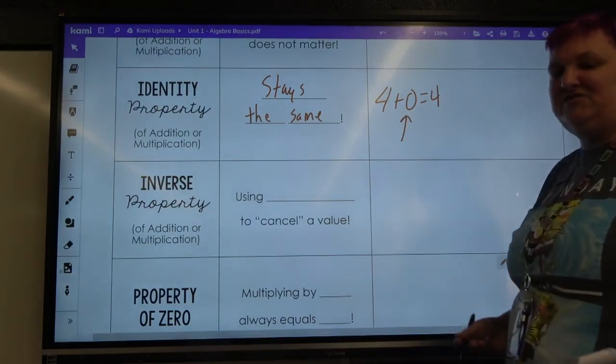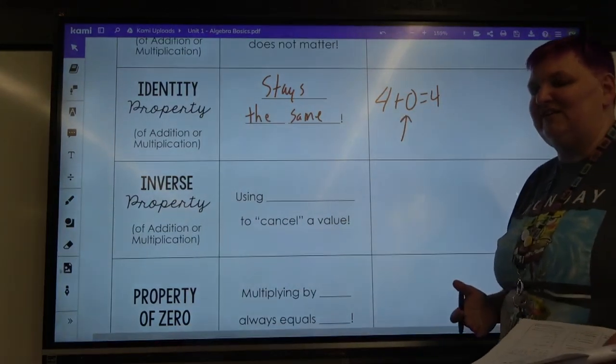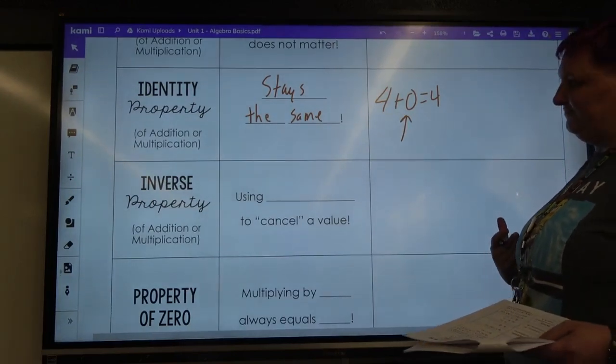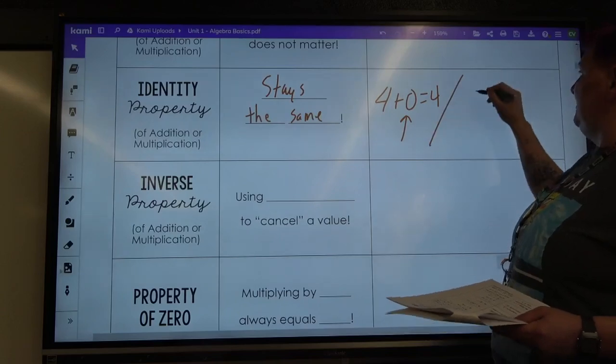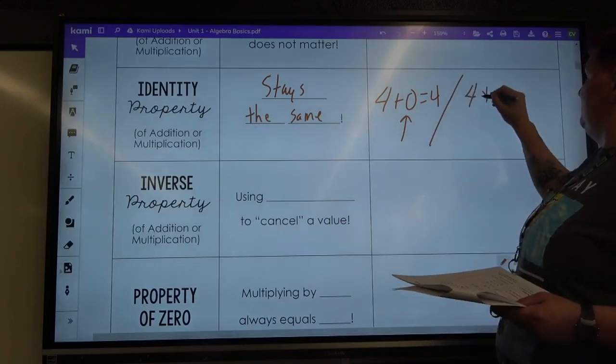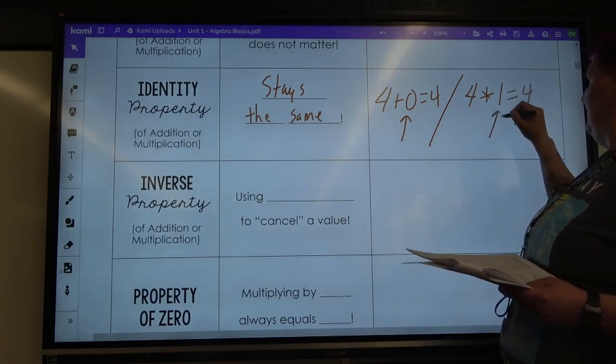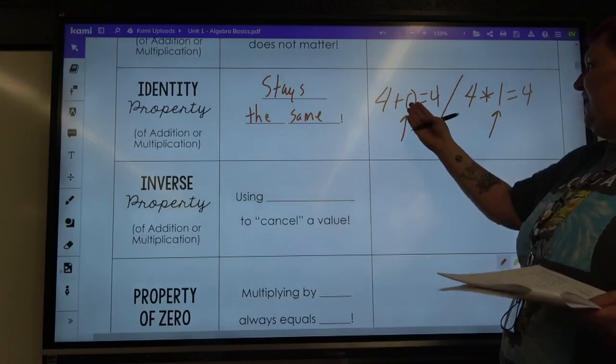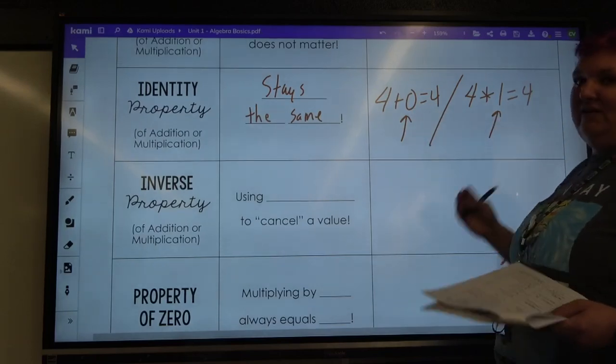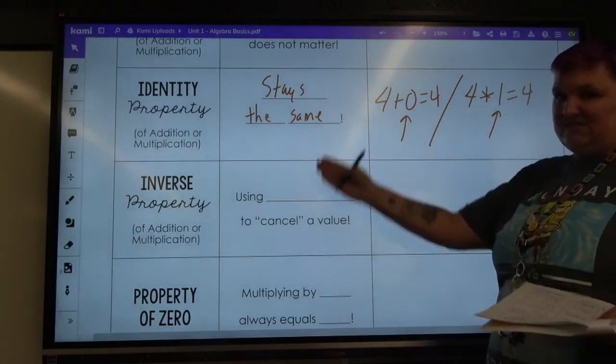Identity property says you can add or subtract 0 from anything and change nothing. Identity property also says if you multiply something by 1, it changes nothing. Identity property says if you add 0 or multiply by 1, it changes nothing. It stays the same.